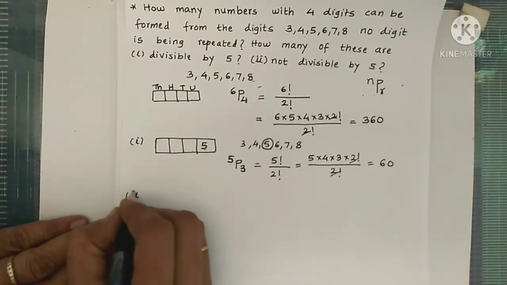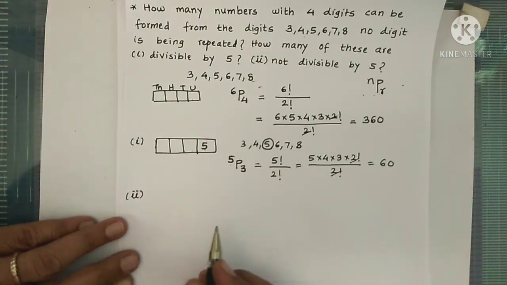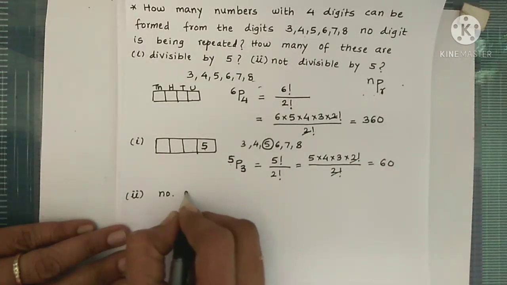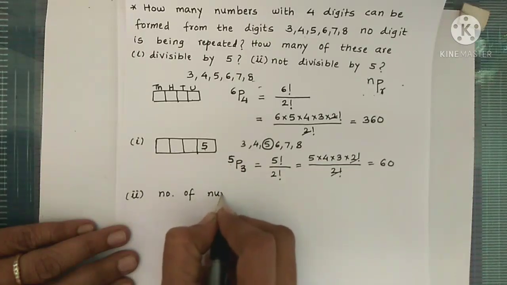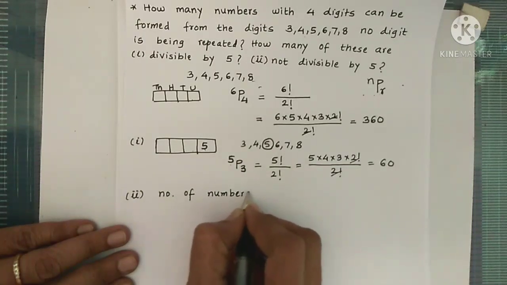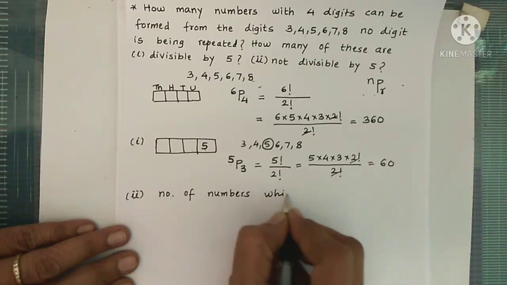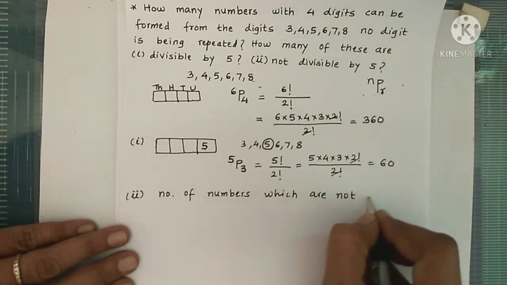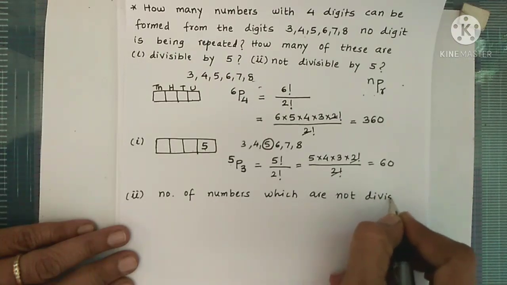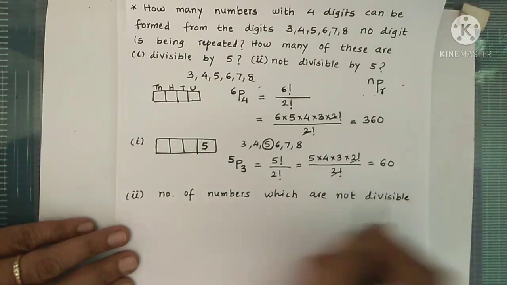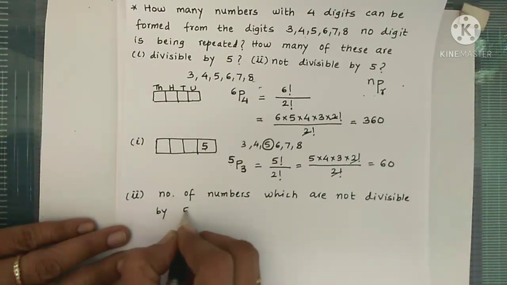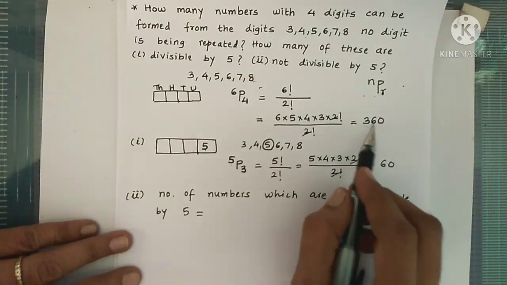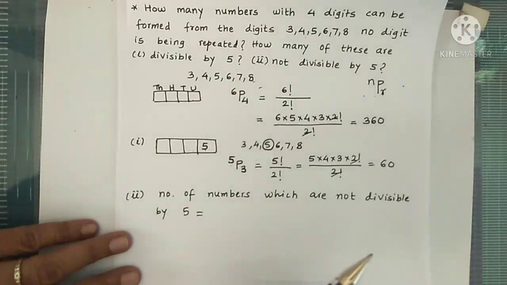Now the next question is, how many numbers are not divisible by 5? See, now we have the total numbers equal to 360. So we can form 360 numbers using these digits.